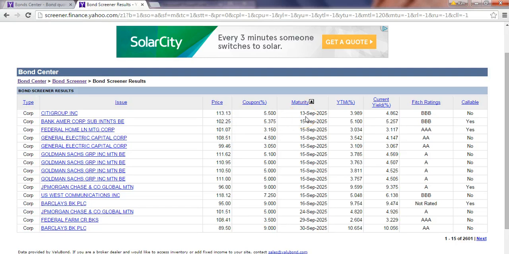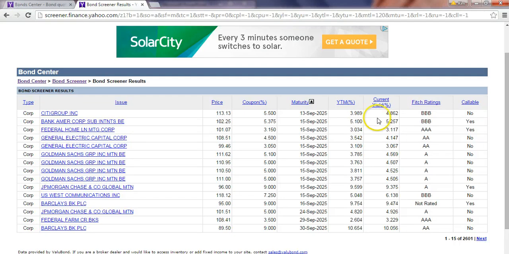That was the price that you paid for this particular bond so that you could have this 5.5% coupon and a maturity date of 2025. So your return is not going to be 5.5% because you had to overpay for this bond, or pay a premium for it. So this is the representative return that you would receive on this bond.